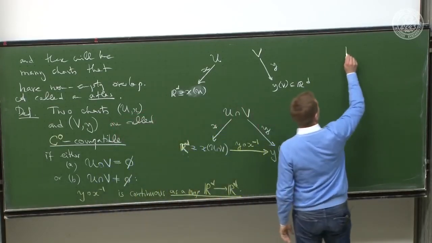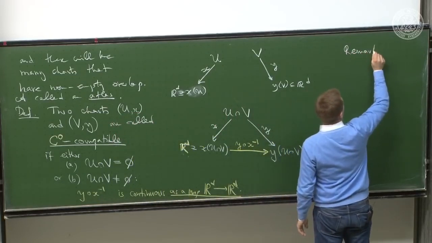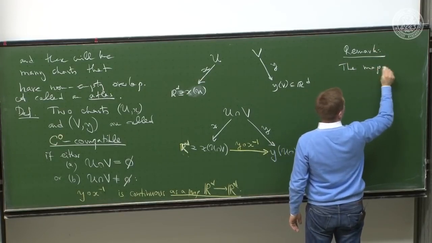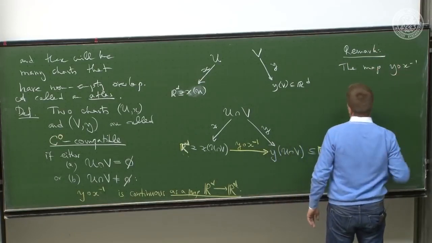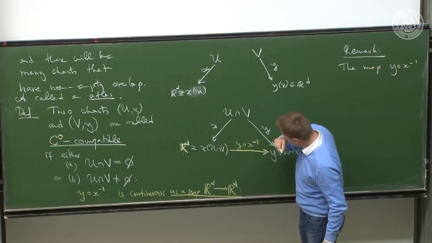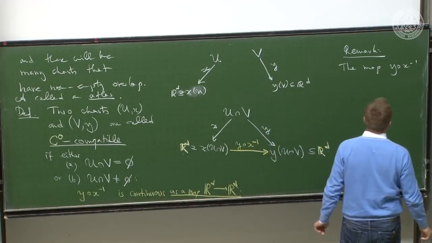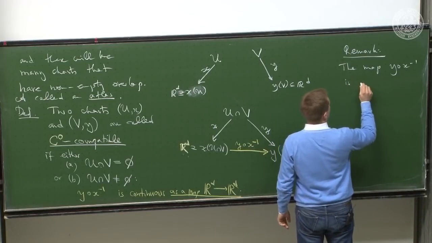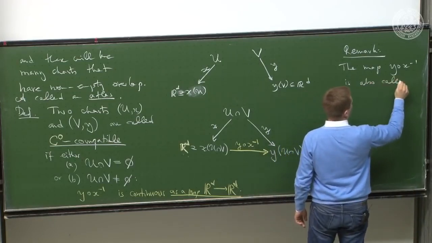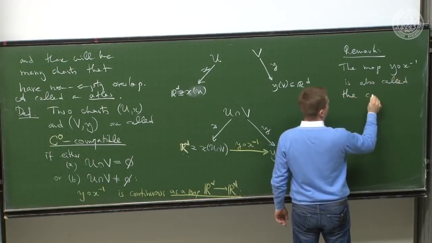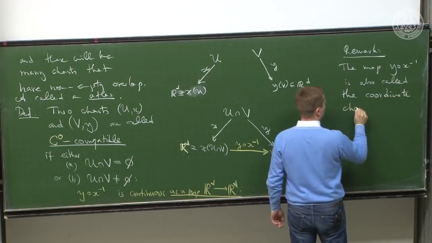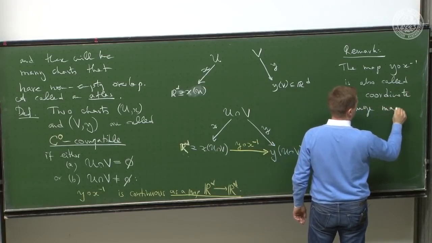So, remark: the map Y after X inverse, and of course you can also invert this, then you get X after Y inverse, the map Y after X inverse is also called the coordinate change map.